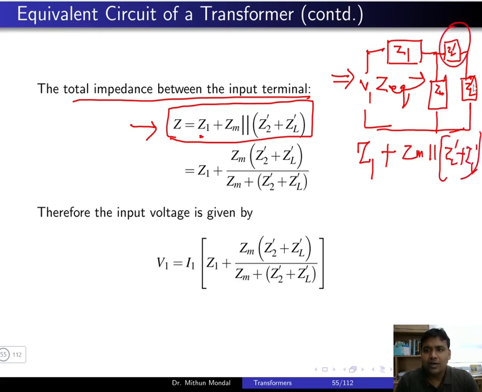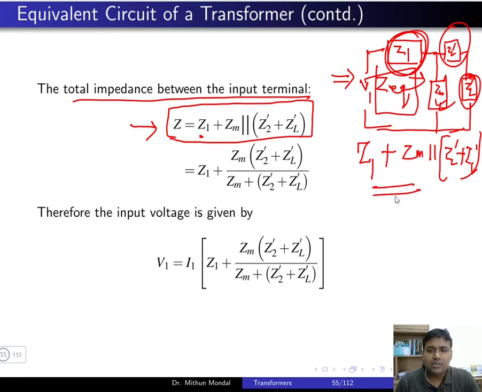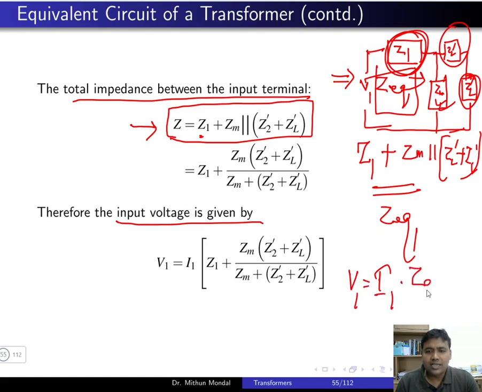So these two will come in series, and that will come in parallel with Zm, which will come in series with Z1, and then you can easily get the Z equivalent of the total transformer winding parameters seen from the primary side of the transformer, that is the input side. Then you can find the input voltage. You know that input voltage V1 is basically I1 into Z equivalent.